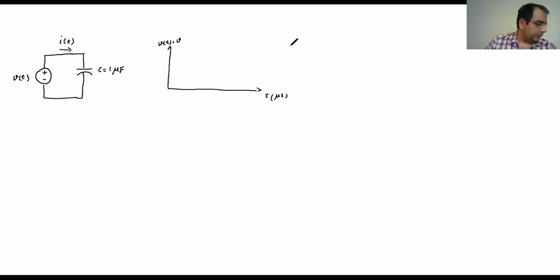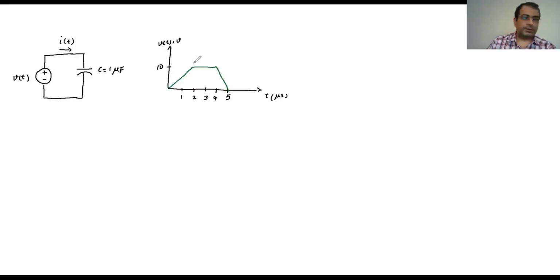Let's see the voltage change as 1, 2, 3, 4, 5. The voltage goes from 0 to 10, stays constant here, and goes back to 0. So it's going to be 10, and that's going to be 1, 2, 3, 4, and 5. So assume our voltage changes like that: it's going up, stays constant, goes down.